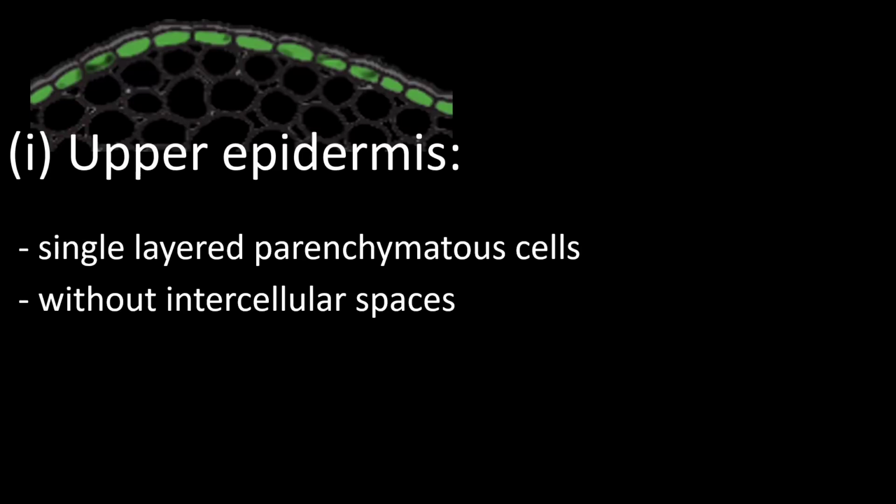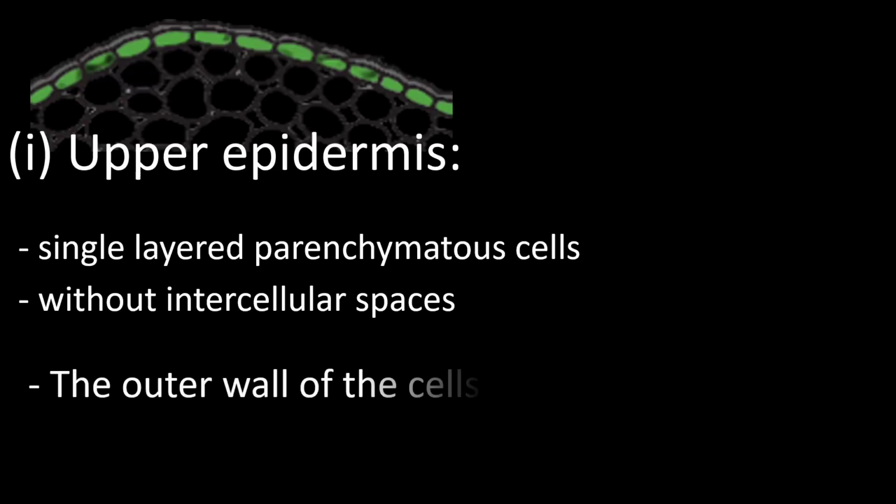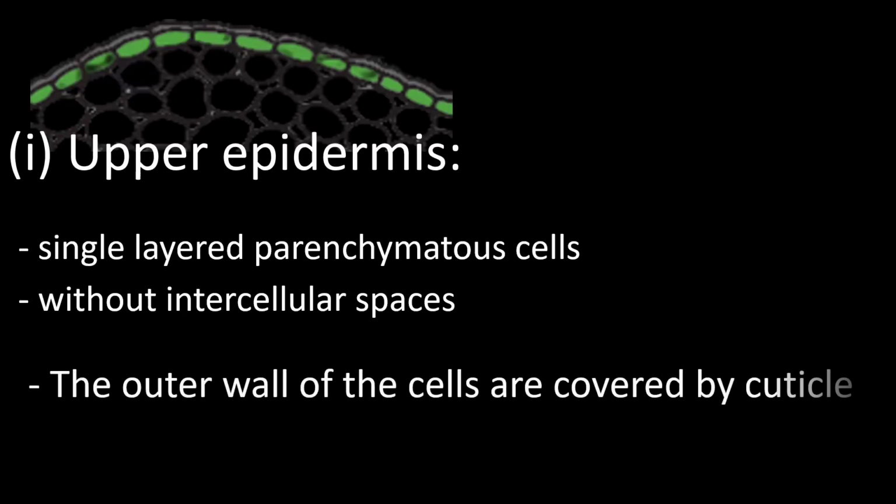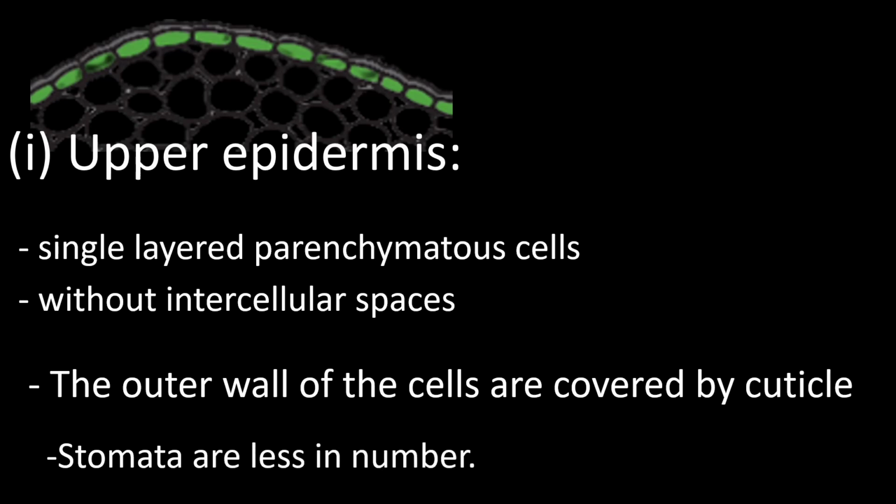The cells are covered by cuticle on the outer surface. You know, the surface of the leaves have minute openings called stomata. On the upper epidermis, the stomata are less in number.